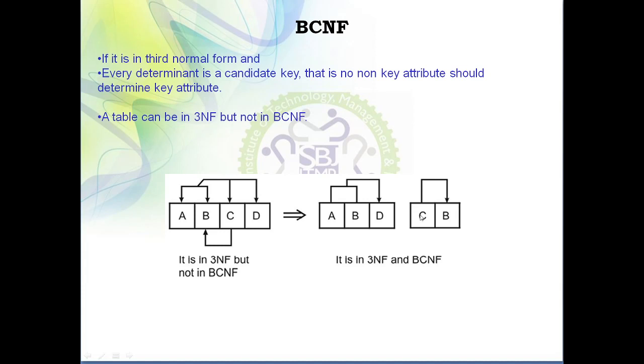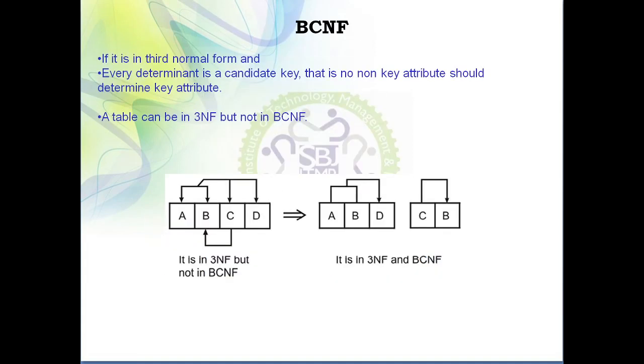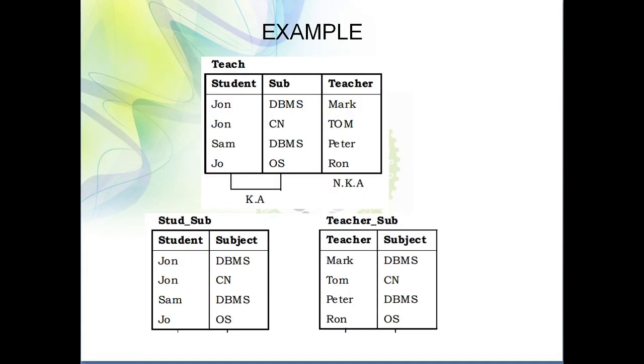Now let's take a simple example to illustrate the concept of BCNF. Here one table is called teach. The combination of student and subject is treated as the primary key, and teacher is a non-key attribute. We want to check whether this table is in BCNF or not.